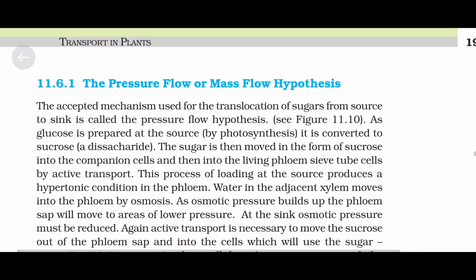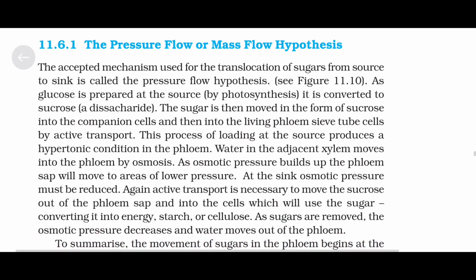The pressure flow or mass flow hypothesis. The accepted mechanism used for the translocation of sugars from source to sink is called the pressure flow hypothesis. As glucose is prepared at the source by photosynthesis, it is converted to sucrose, a disaccharide.